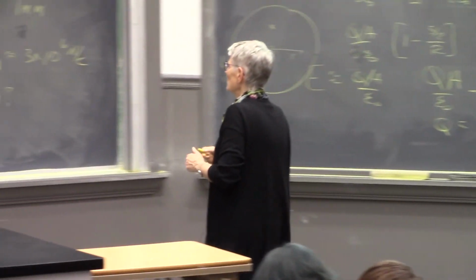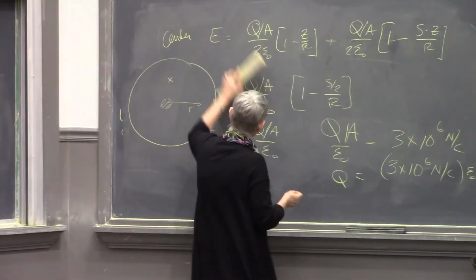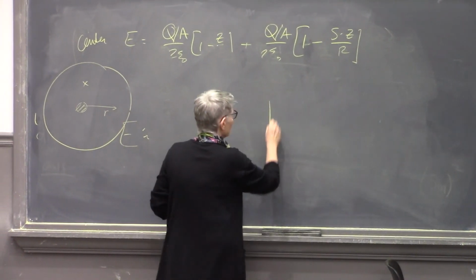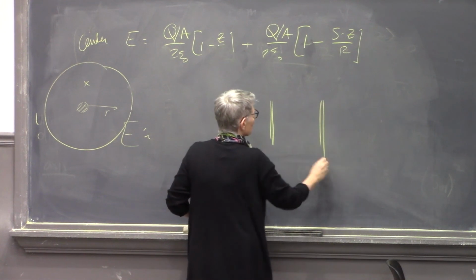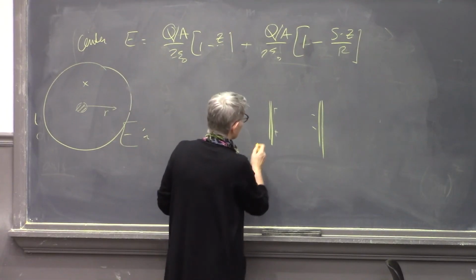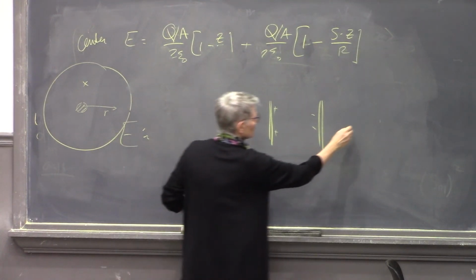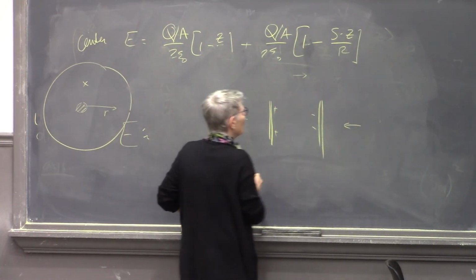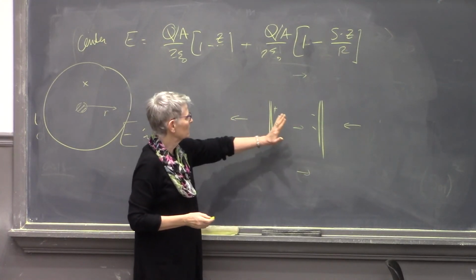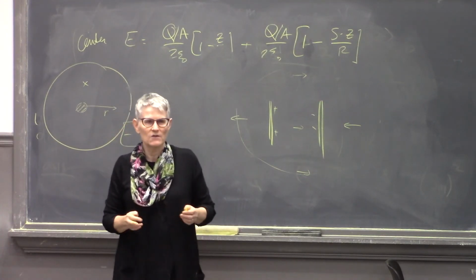So if you have these two charged plates here, we've got field this way, and up here the field's that way. That's the direction of the field in the capacitor. And presumably it actually does have some sort of dipole pattern outside it, yeah.